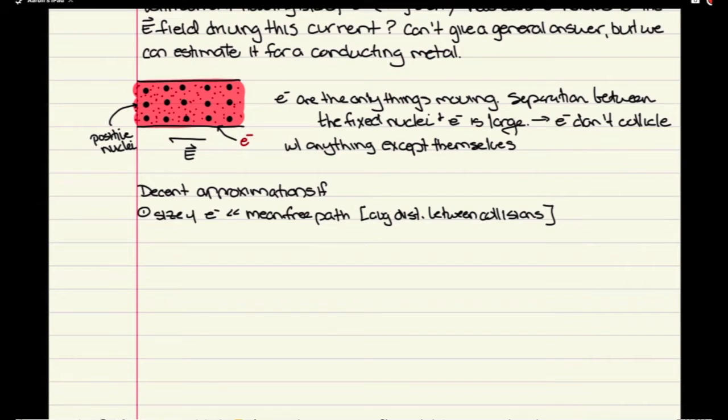This is generally a very good approximation in this case. You're getting into the quantum world, so what a physical size of an electron really means, you might debate, but we're talking kind of classically, like 10 to the minus 15 meters versus mean free paths of these things, which is going to be more like 40 nanometers, so 10 to the minus 8 or so. So lots and lots of empty space in between the individual objects.